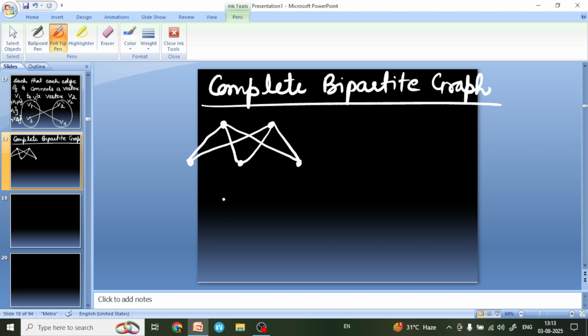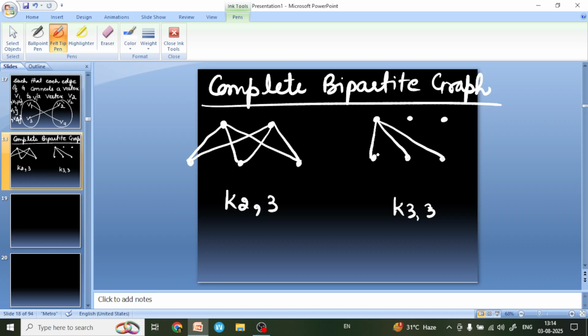And this is called complete bipartite graph K3,3. You can see here 3 and 3 vertices. First I have drawn with these 3, then second, then third. This is called complete bipartite graph.